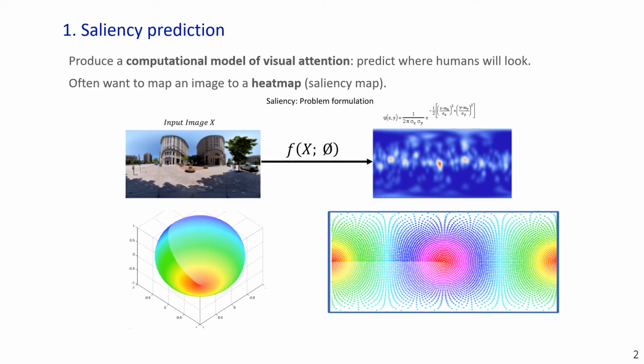The idea behind saliency prediction is that we want to be confident where a human would look toward a given scene. Saliency prediction is the task of modeling human attention computationally, and the goal is to build a function f with some parameter theta in order to produce a heat map probability, called a saliency map, from an input image x as illustrated below.